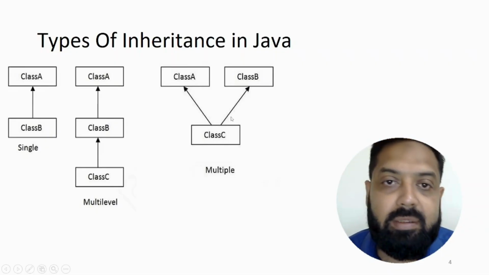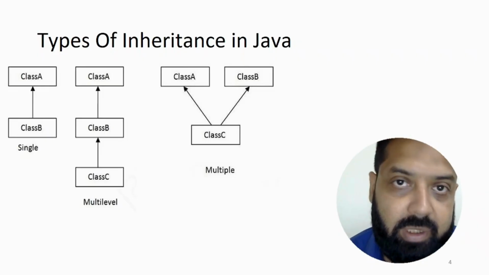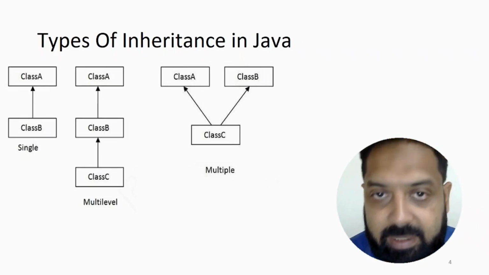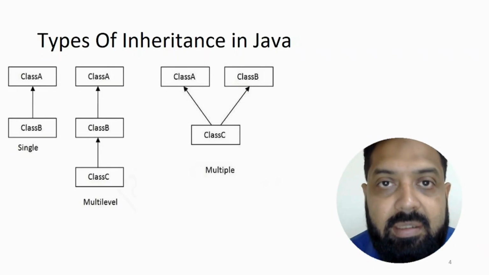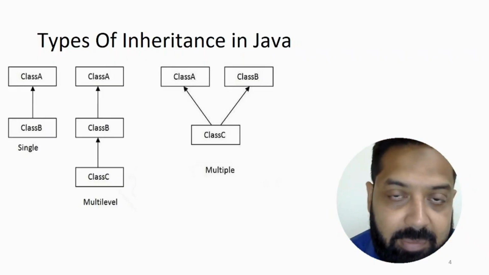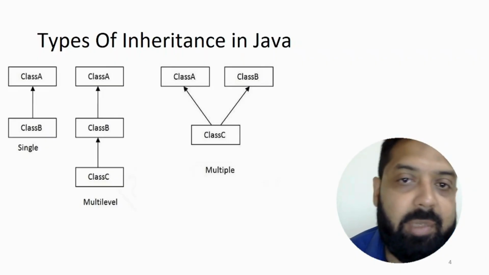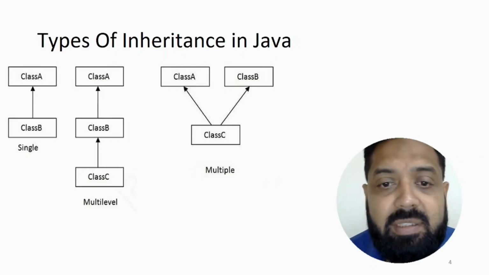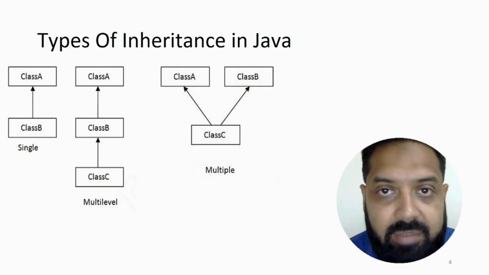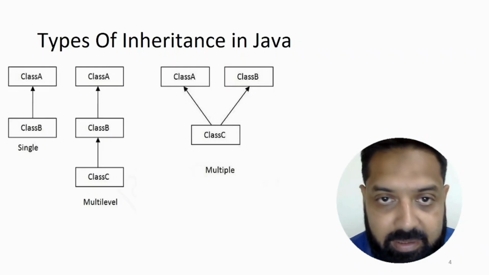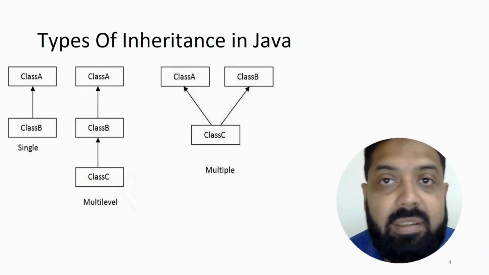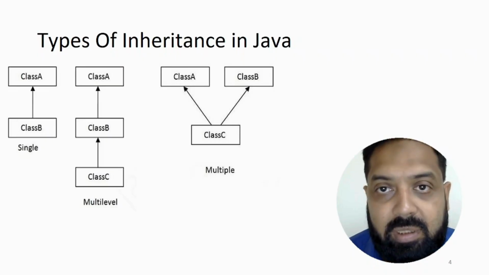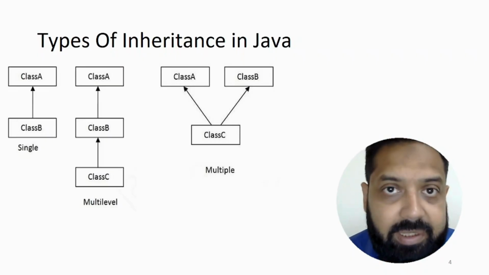Now in today's video we are going to discuss the important concept, that is multiple inheritance. Java supports single inheritance, Java supports multi-level inheritance, but Java does not support multiple inheritance. Other programming languages like C++ support multiple inheritance, but Java doesn't. So we are going to discuss how we can implement the concept of multiple inheritance with some alternate method.